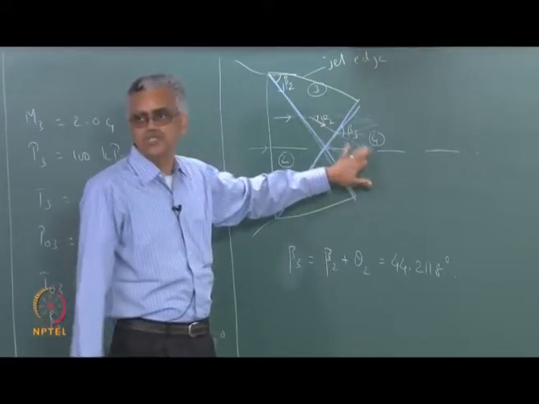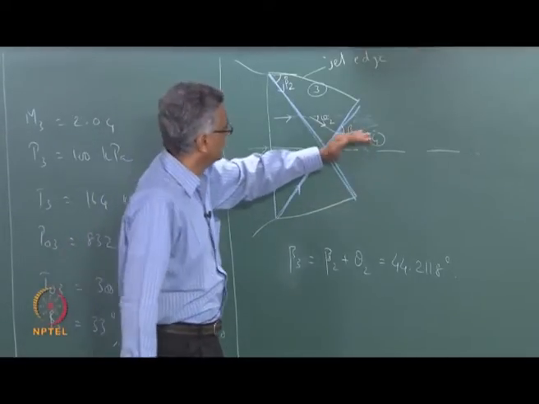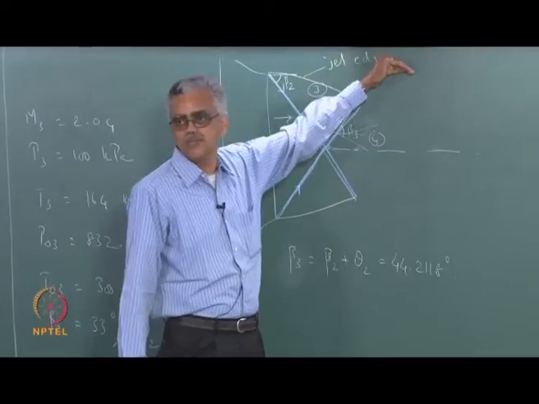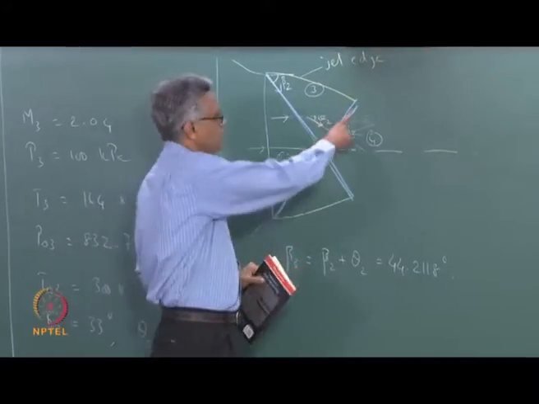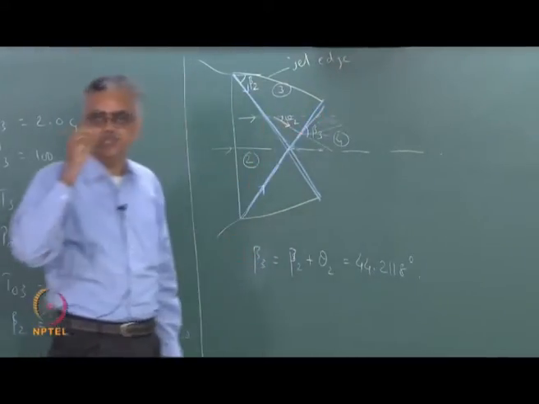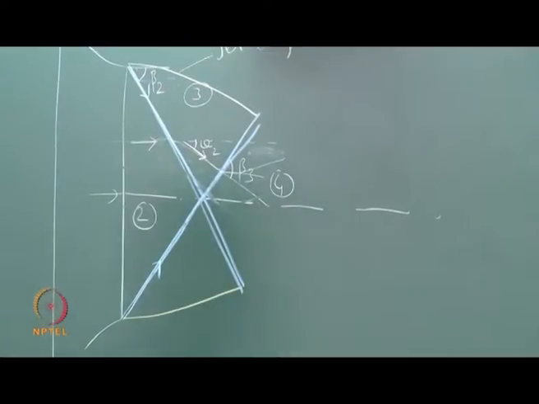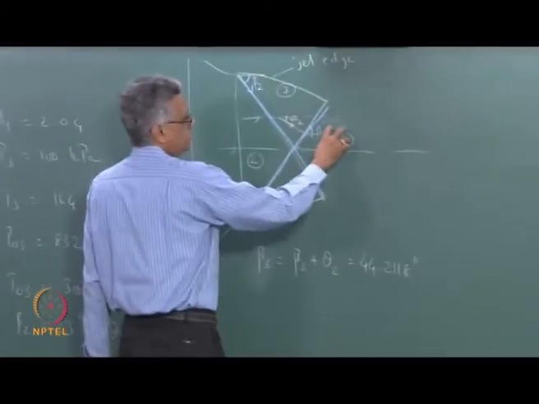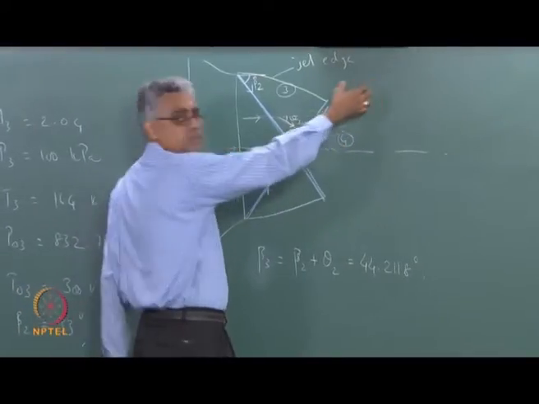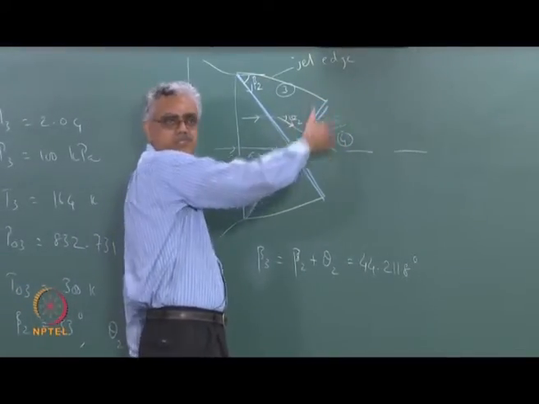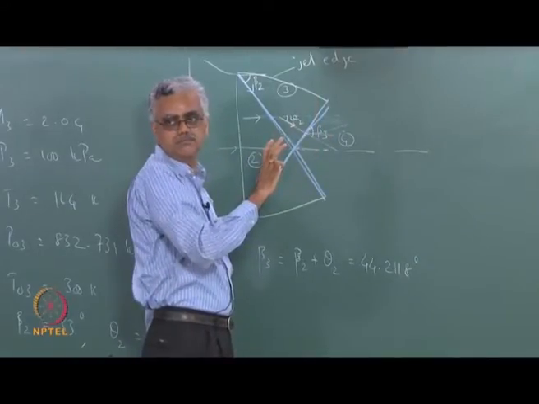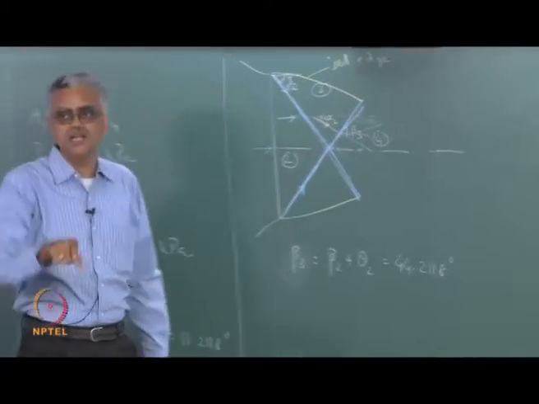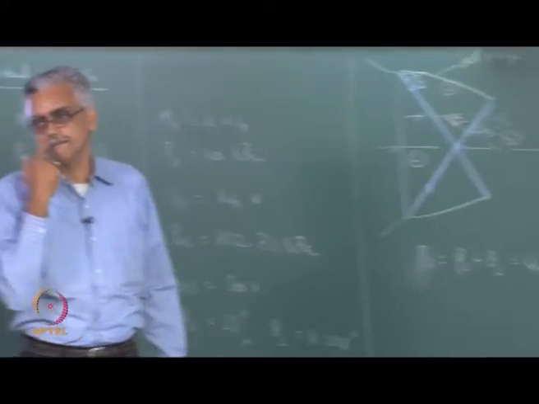Here I cannot do this because this fluid, first of all, is not going to be directly exposed to the ambient. The shock wave impinges upon the jet boundary, and then it is going to be reflected in some manner. That means this part of the fluid is isolated from the ambient. So this can be at a different pressure, ambient can be at a different pressure, which is why P4 is not equal to ambient pressure.